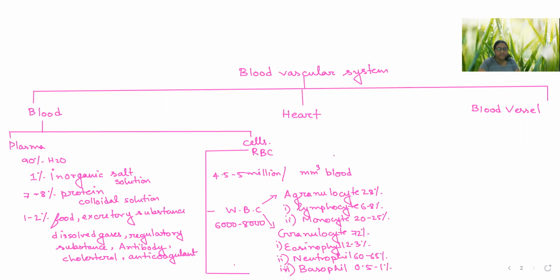That means if this is the cell, the nucleus will have this kind of lobes. So by looking into the structure of the nucleus, you can easily identify the eosinophil. They are full of acidic granules which can be stained by acidic stain, and these granules are full of hydrolytic enzymes, and they have peroxidase, which may be released in the phagosome.